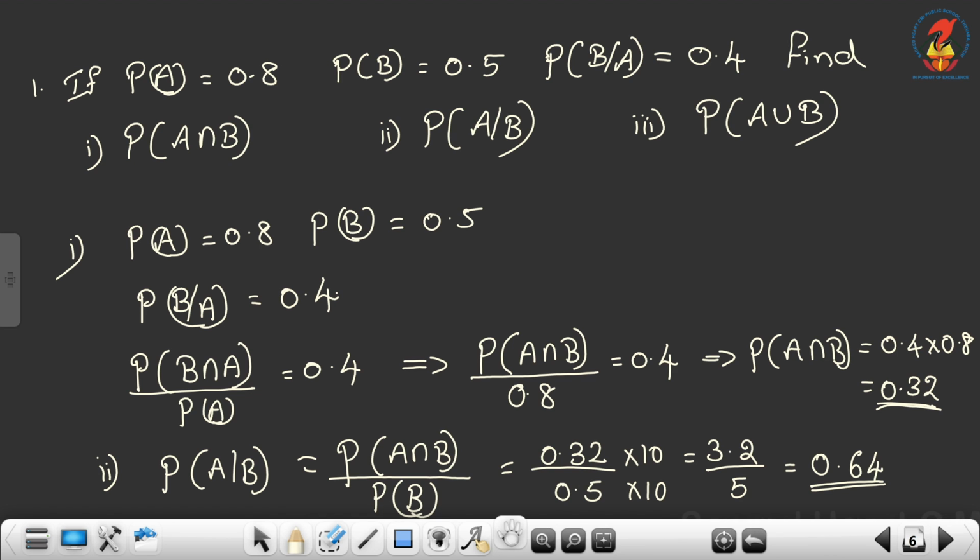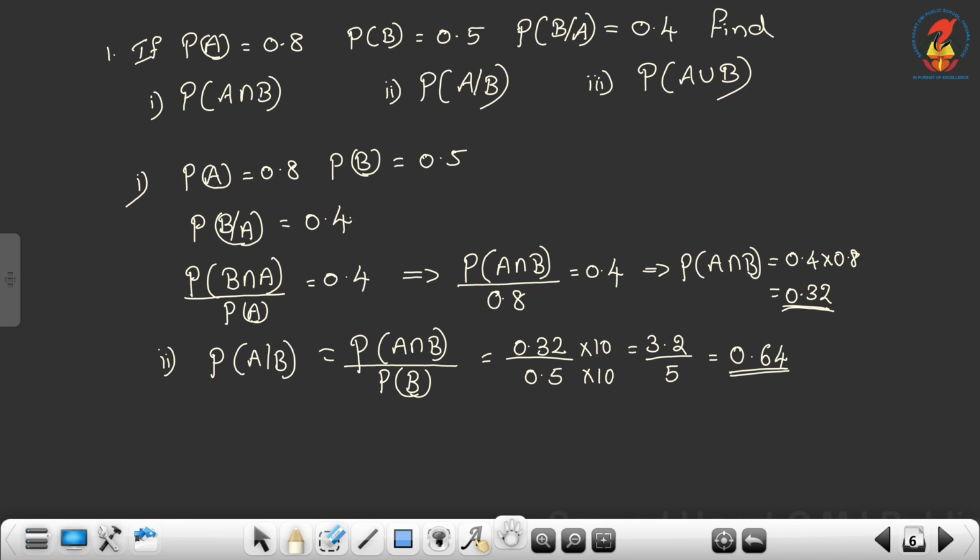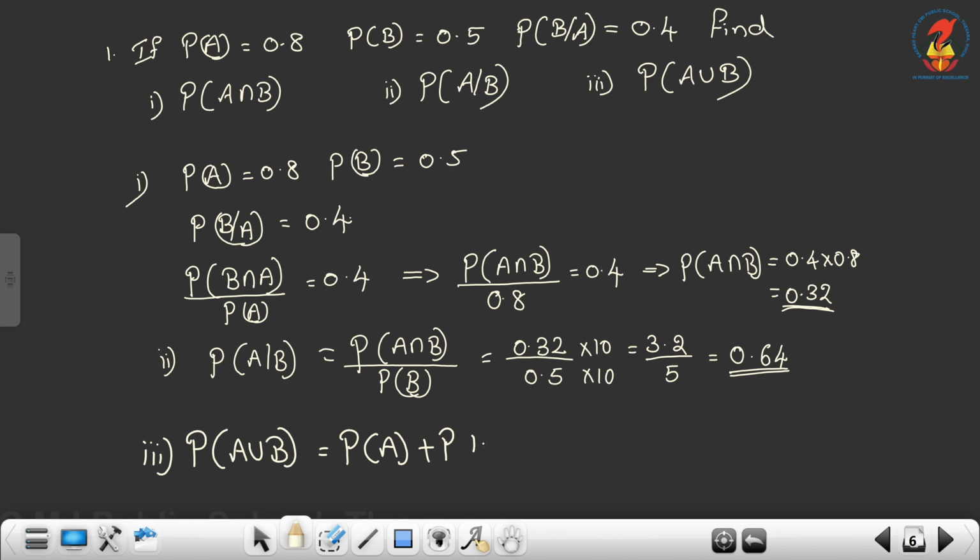Now the last one, P of A union B. Third one, P of A union B. P of A union B is P of A plus P of B minus P of A intersection B. Now substitute.